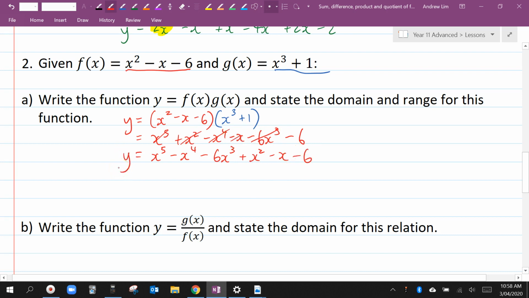Okay, so I've written that function, which we all know is the product of two functions. And so if I want to state the domain and range, the term with the highest power is x to the power 5, and because the power is odd, again, it's going to be shaped like the previous question. It's going to be shaped like that, but with more humps.